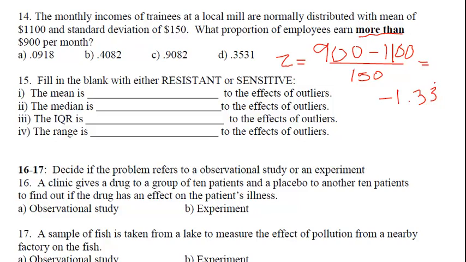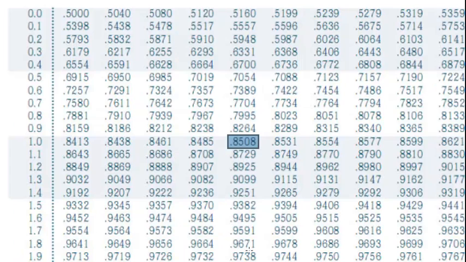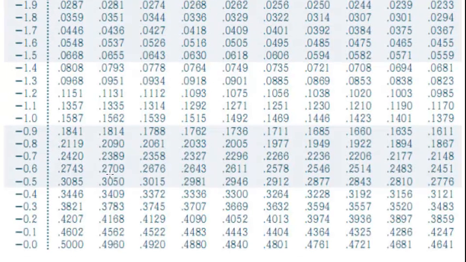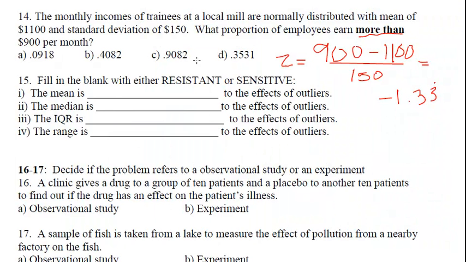Then I go to the table and I look up negative 1.33. Okay, so here's negative 1.3, 0, 1, 2, 3. That means the area to the left is 0.0918. So back to my exam.